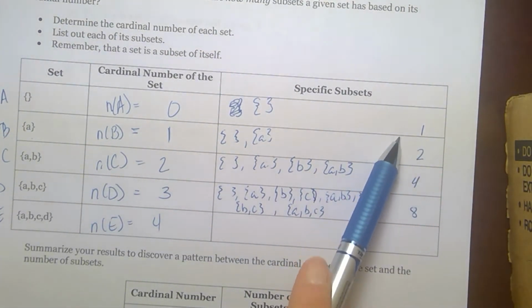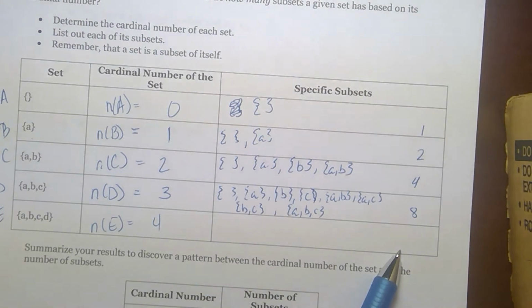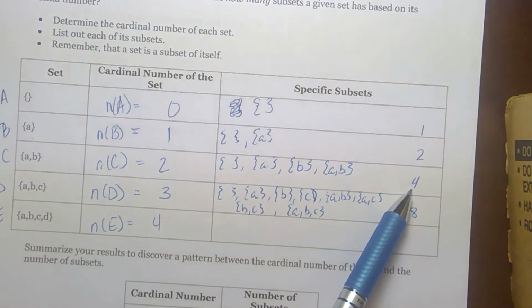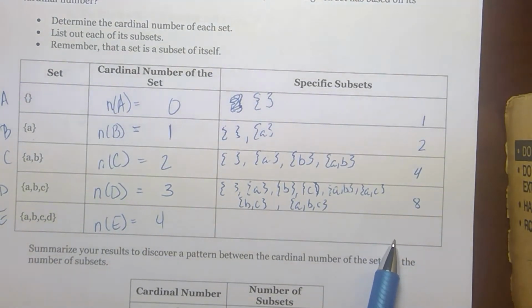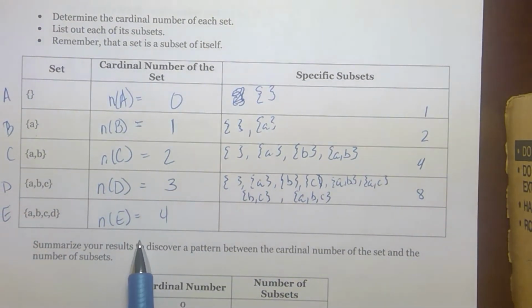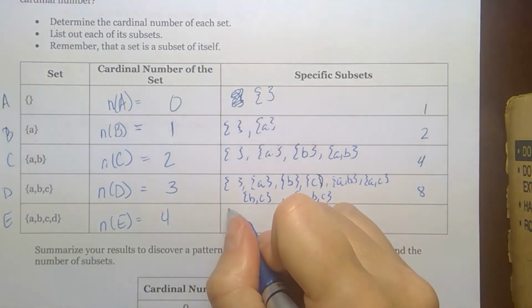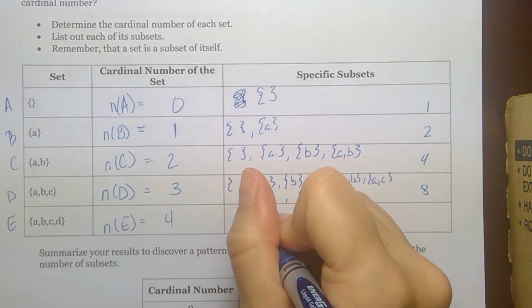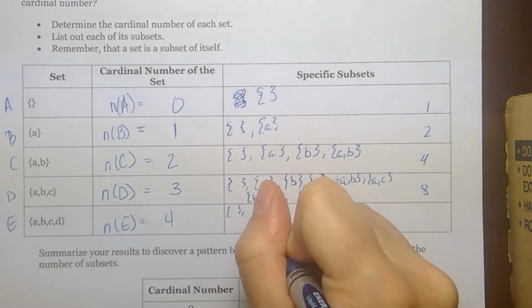Do you start to see a pattern going on over here? I've got 1, 2, 4, 8. How many subsets do you think we might have when I have 4 elements? Let's look and see. As always, I can start with my empty set and then one at a time.